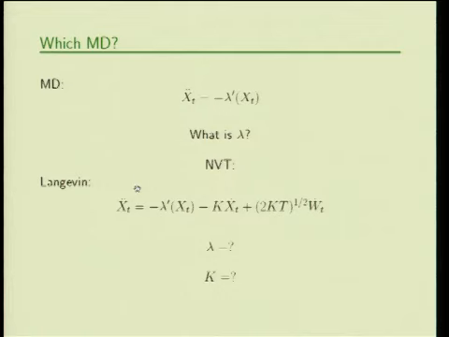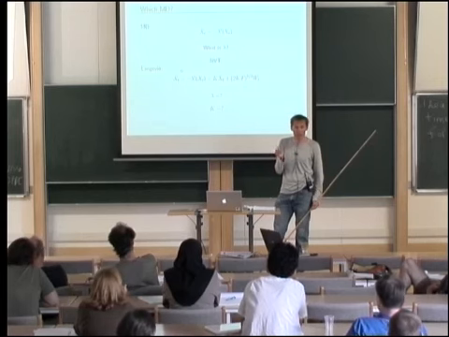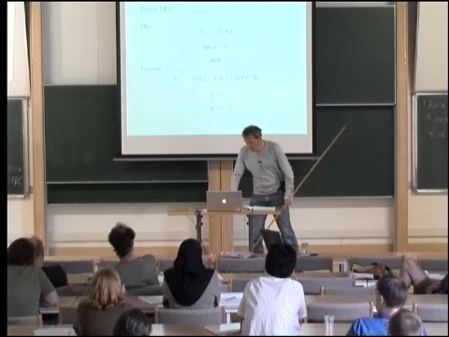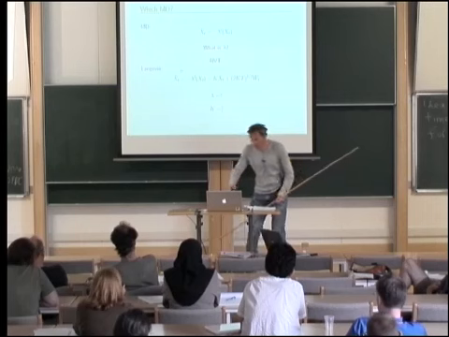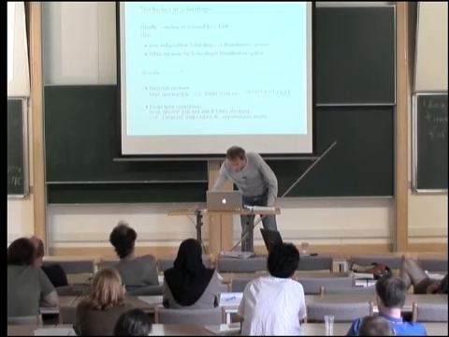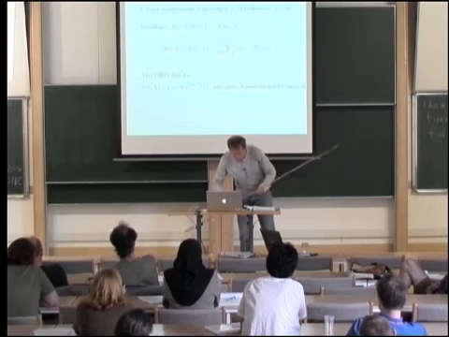But if you would like to know something about the correlation in time, also the friction will be important in some sense. If you want to compute the diffusion coefficient, you will look at the mean square distance, which you cannot do if you just look at positions.